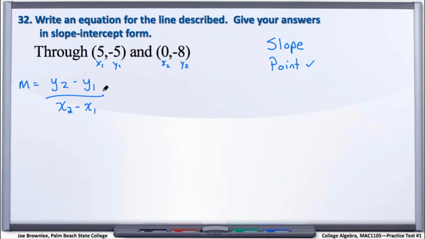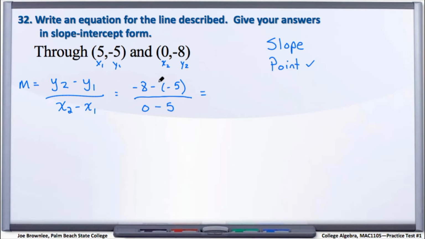All right, so let's take this information now and plug it in. So we're going to say y2, or -8, minus y1, well, y1 is -5, over x2, which is 0, minus x1, which is 5. Let's simplify our numerator and denominator.